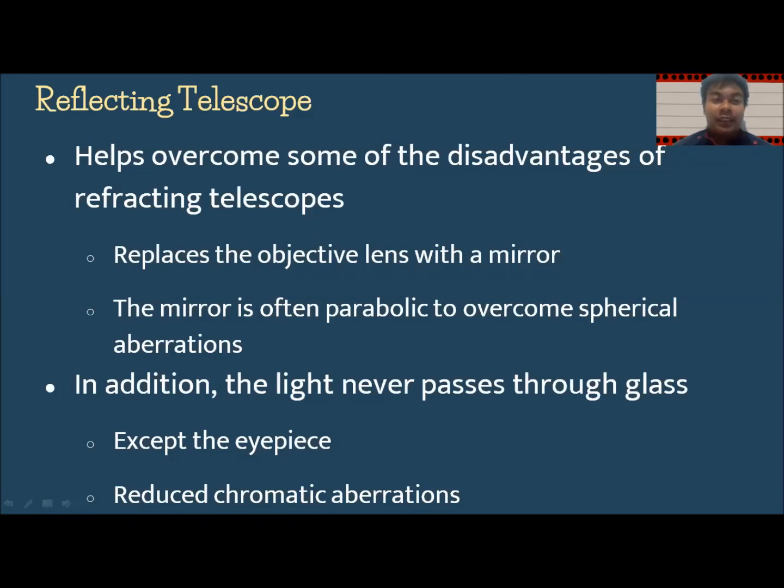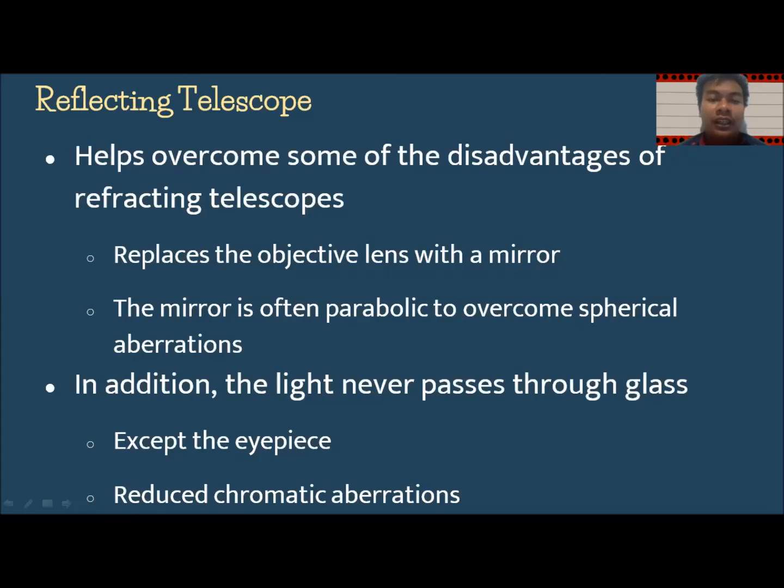Right now, I will tell you about the reflecting telescope. First, it helps overcome some of the disadvantages of the refracting telescope, by replacing the objective lens with a mirror.